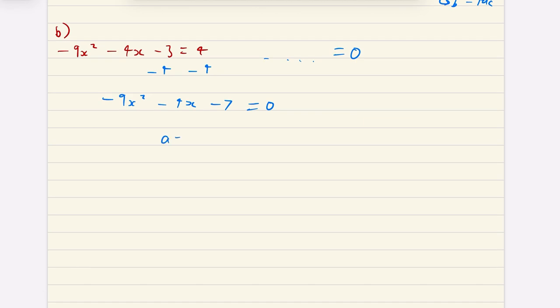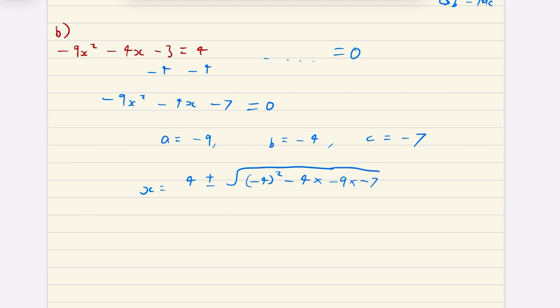Now we know our a is negative 9, b is negative 4, and c is negative 7. Now we'll plug this into the quadratic formula. So minus b, so minus minus 4 is positive 4, plus minus root b squared minus 4 times a times c.